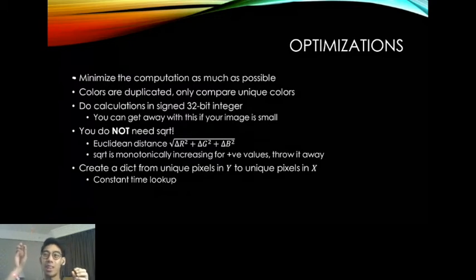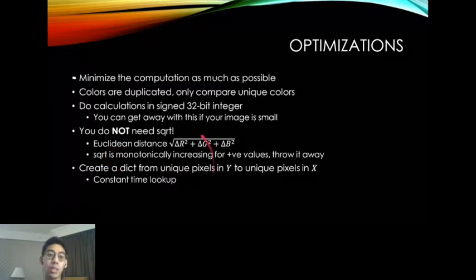A is still further away than B compared to O, and B is still further away compared to C from O. So as long as the values are positive, we can just throw away the square root and keep the order. And the order is what matters because we're only looking for the closest one, which is C, essentially. We don't really care about B and A. But what we want to do is essentially just throw away this square root because it's not necessary. The mathematical term for it is that the square root function is monotonically increasing for positive values. So we can just throw it away because it doesn't really matter.